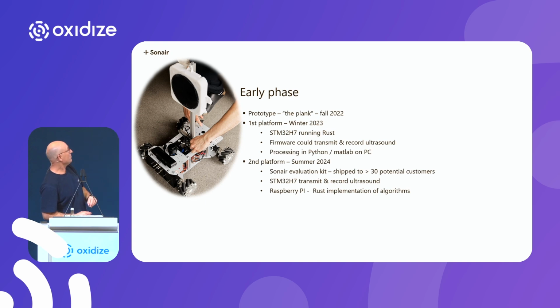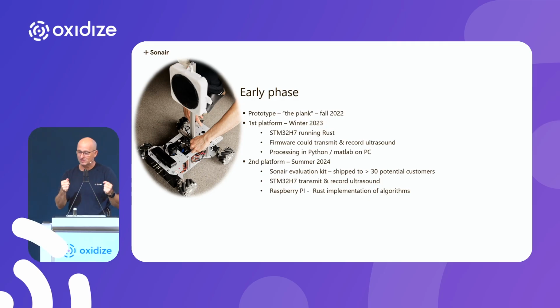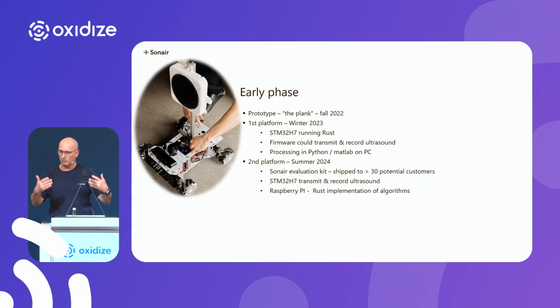Second platform, got a big round thing there, and each board has its personality, so they actually got names. Yeah. But for this one, we knew that we were going to need to develop algorithms. We knew that we would go embedded.